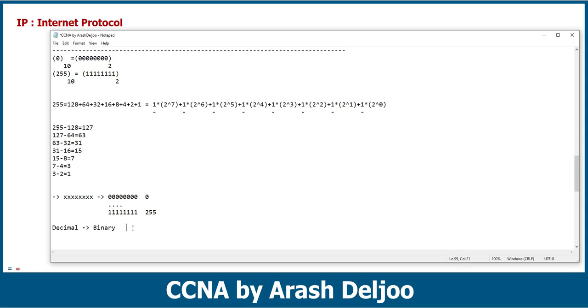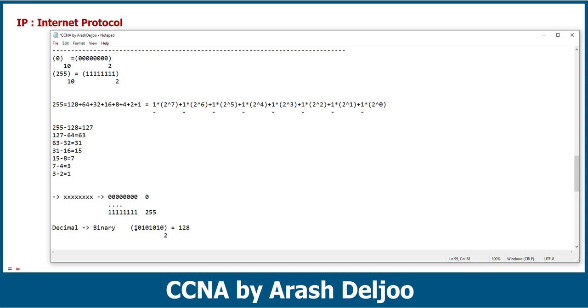For example, if I give you this value in binary, 10101010, how can we convert it to decimal? Look at here, this is the binary value, and after that I'm going to find the decimal equivalent. So easy. 1 in decimal equals 128.